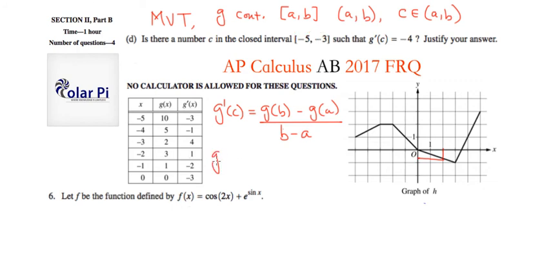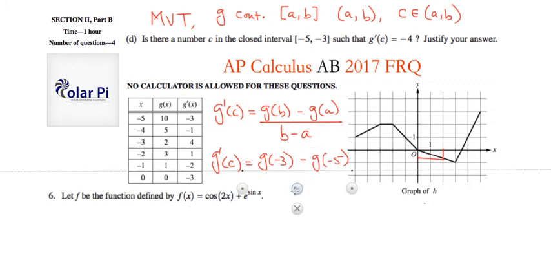So we see if g prime of c will equal, let's see, g of negative 3 minus g of negative 5, divided by b minus a, so negative 3 minus negative 5. That's negative 3 plus 5, so that's 2 in the denominator.